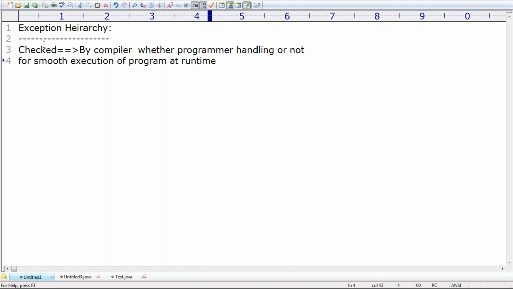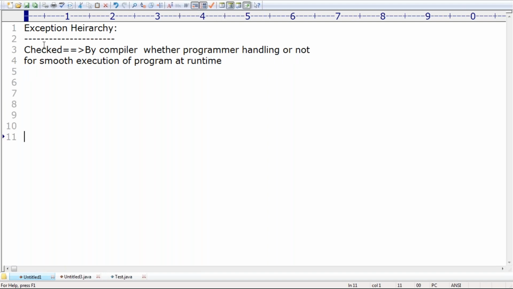But sometimes what will happen is, can you give an example of a checked exception? Respond, man. Can you please give an example of a checked exception? Hey, we just covered it, man. Why are you thinking? File not found exception. Okay, well, next, any other IO exceptions? Sir, very simple.